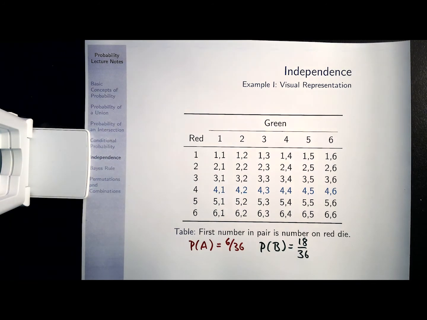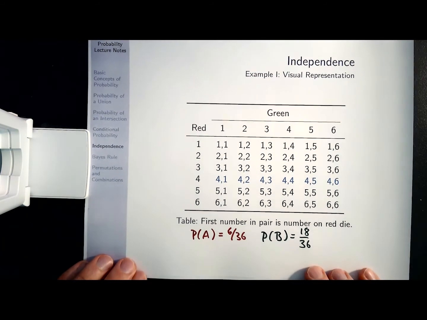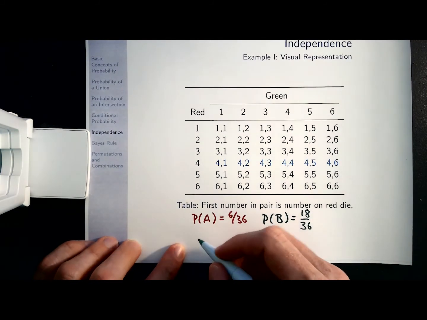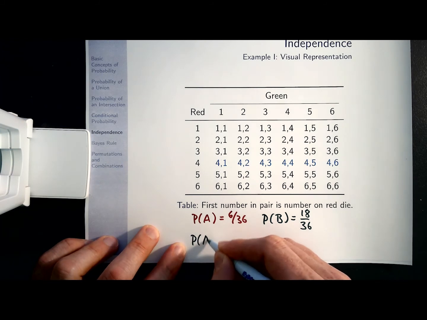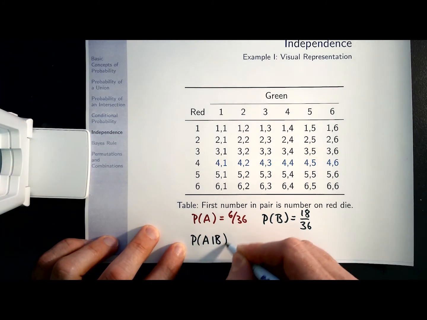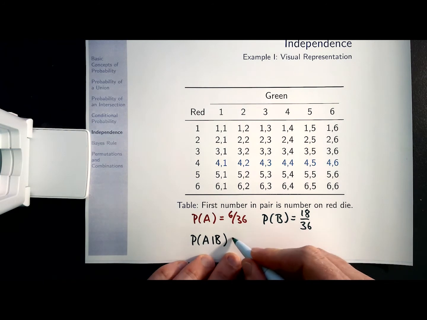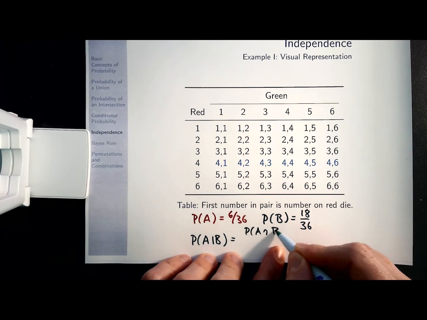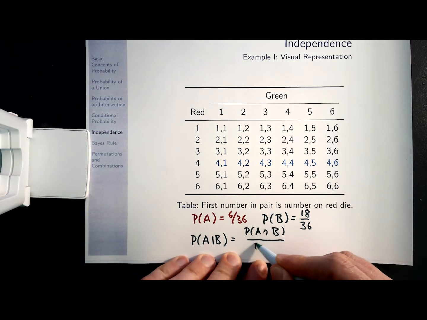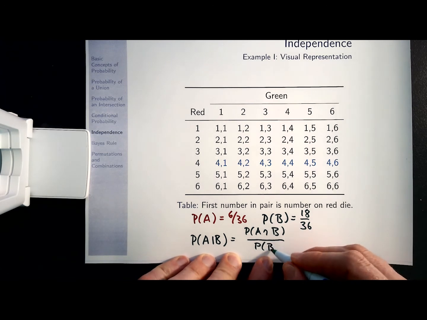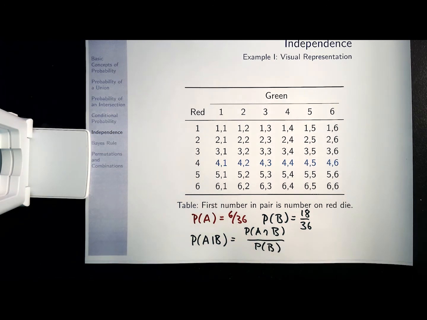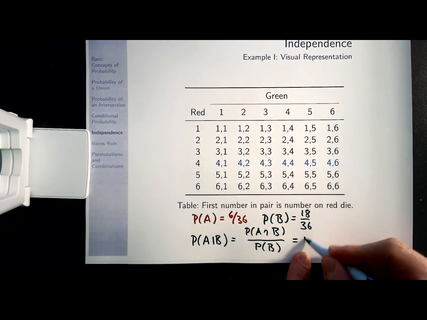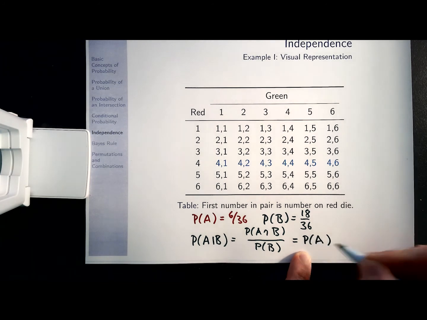To calculate independence, what we have to show is the following. We have to show that the probability of A, given that B happened, and we can use the definition of the conditional probability here, is equal to simply the probability of A. Okay?